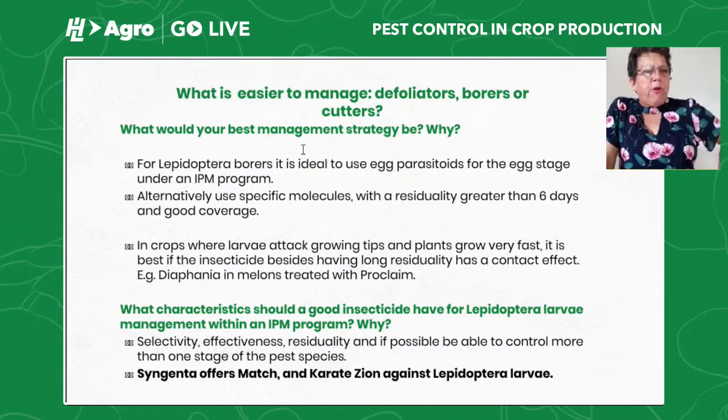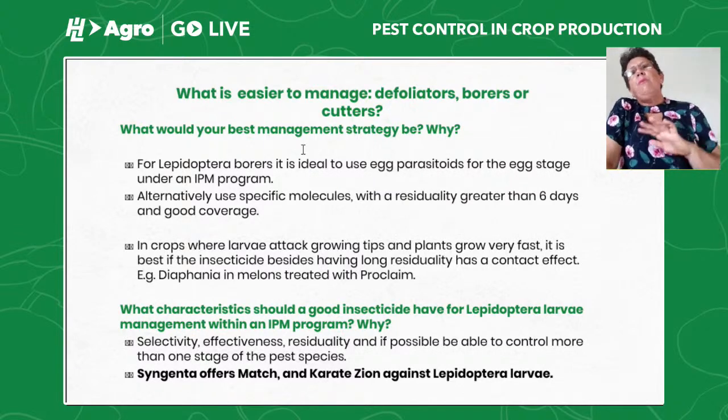For Lepidoptera borers, it is ideal to use egg parasitoids for the egg stage under an integrated pest management program. These are small wasps that in some places are commercial, and you can release them and they take care of the egg stage. The wasp parasitizes the egg, and from that egg a new wasp comes out instead of a new larva.